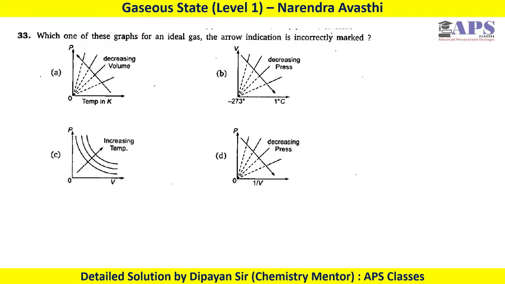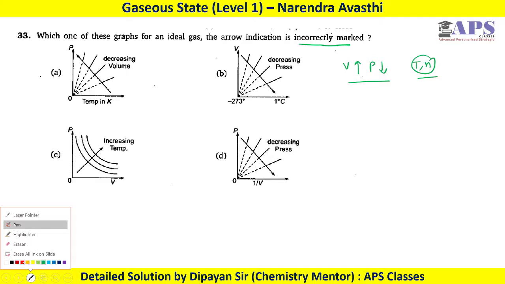In question number 33, we have to identify the incorrectly marked graph. As we know that if volume is increasing, pressure will decrease, if temperature and number of mole is constant. So volume and pressure are inversely proportional to each other. If we keep the temperature constant in this case, we can have different volumes, that is V1, V2, V3.